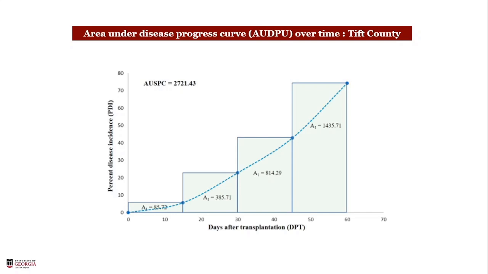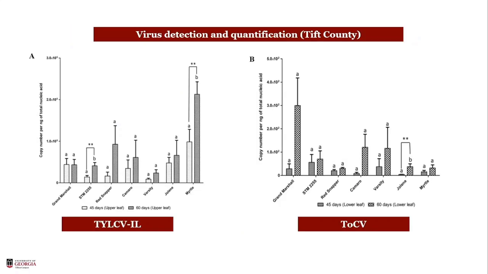Whereas in Colquitt County, we observed symptoms only at 45 days, and in Grady County, the first symptoms were observed at 30 days. But by the end of 75 days, in those 2 counties, most of them are showing symptoms.